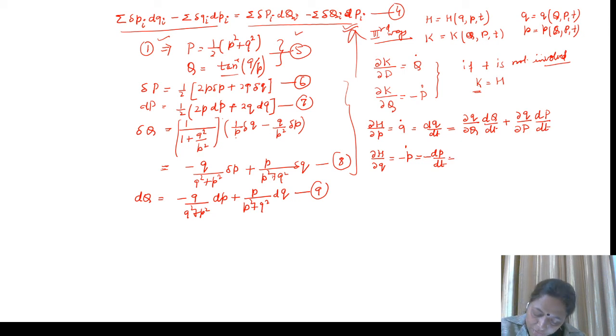Similarly, this will give minus ∂p/∂Q dQ/dt and ∂p/∂P dP/dt, right? It simply means that you need q to be differentiated with respect to capital Q, so you will use this equation. You need q with respect to P, again you will need this equation.